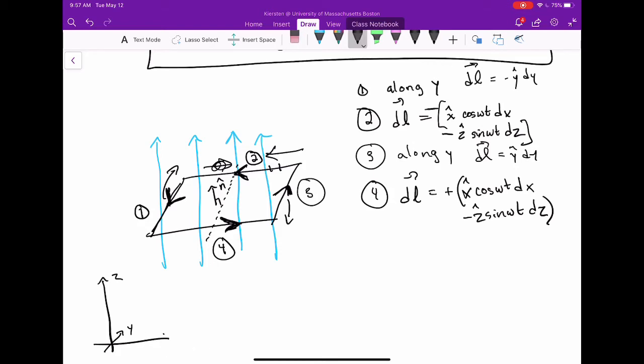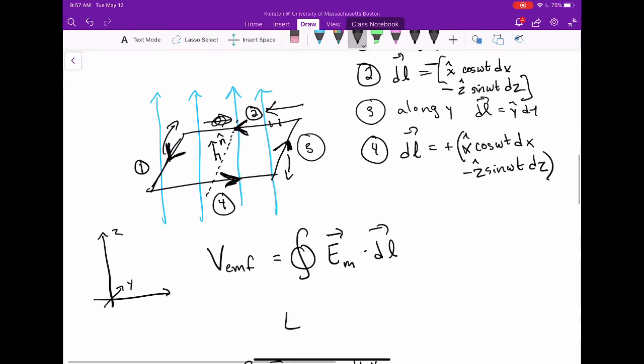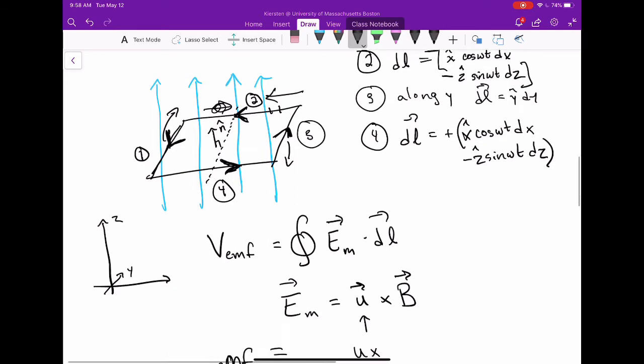When you are using the motional EMF method, remember that V EMF is this contour integral of the effective electric field, where that electric field represents u cross B. So now that we've figured out what dl is, we also have to figure out what the value of u, the velocity of each little segment of the loop is.